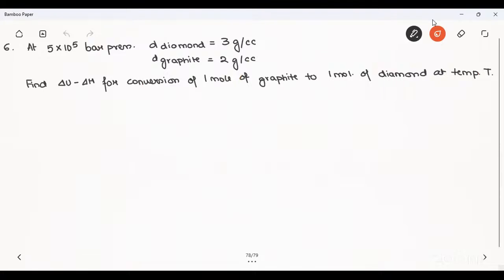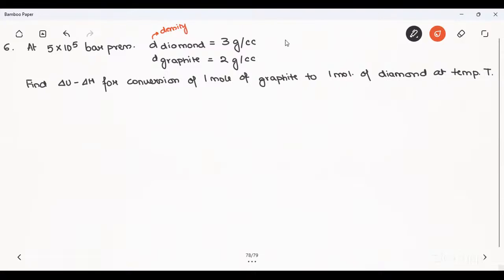Now, write this. It is a JEE Advanced question. At 5 into 10 to the power 5 bar pressure, d means density. Density for diamond and density for graphite is given.